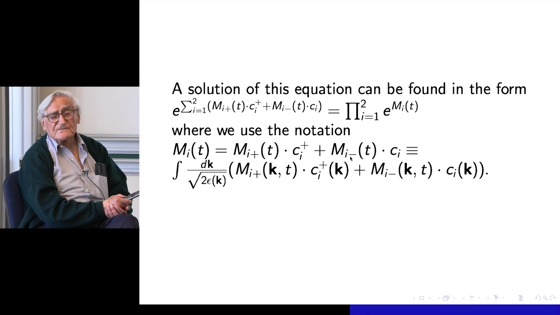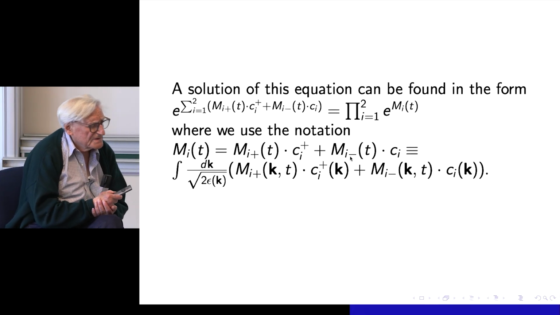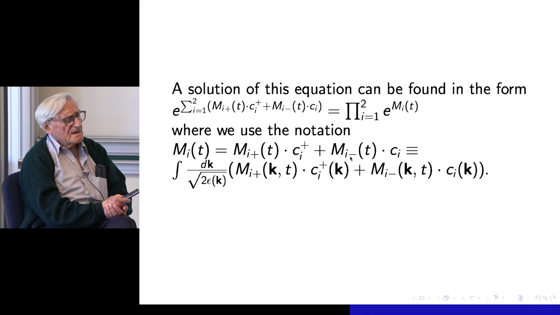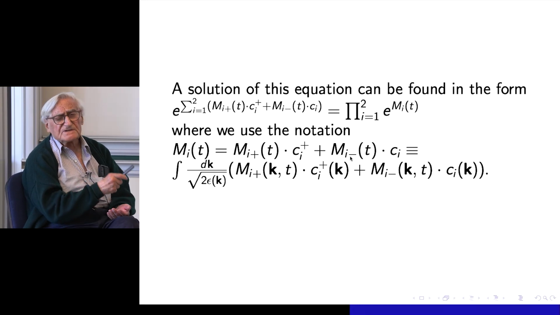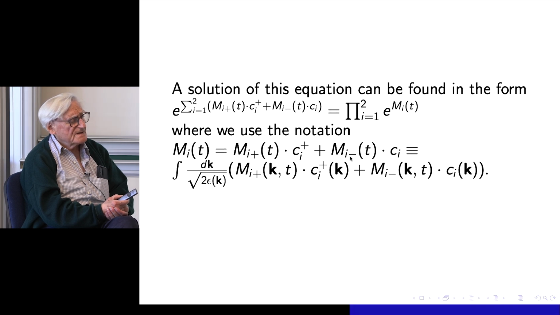The solution of any equations which are linear with respect to C and C star is, up to some numerical factor that is not written here, an exponent, e to the some linear exponent.